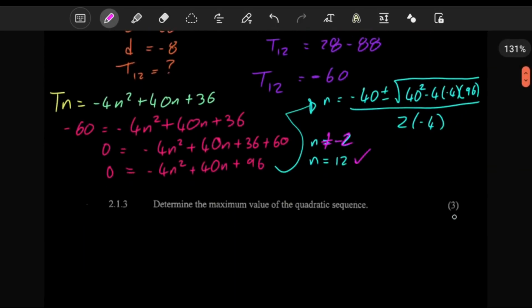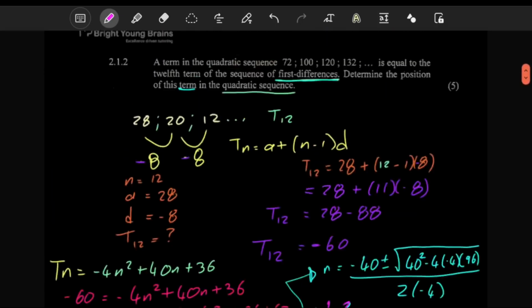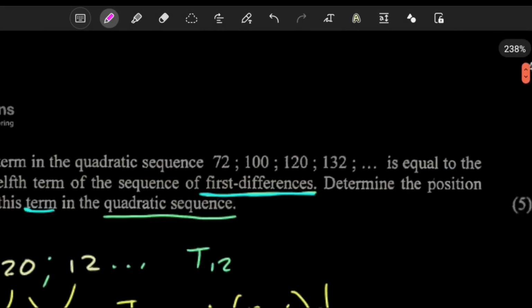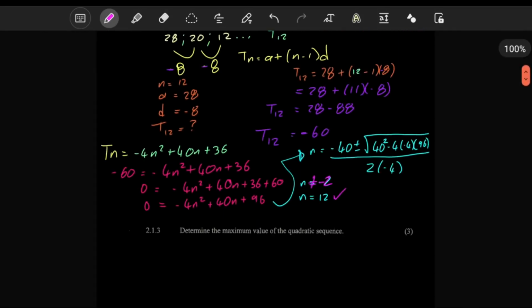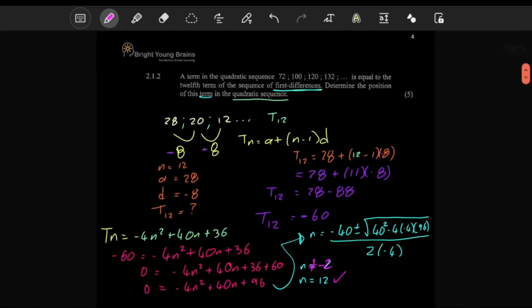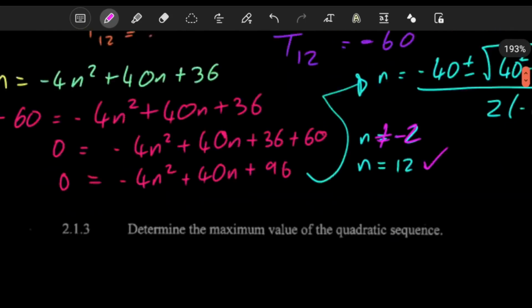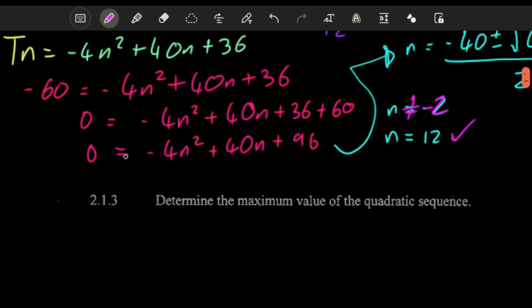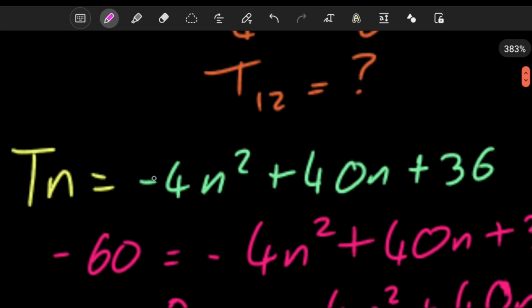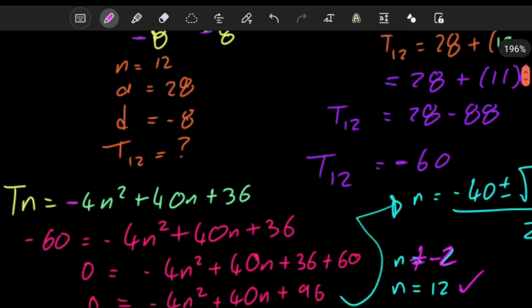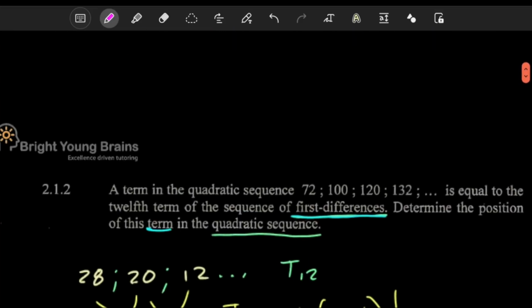Let's just move on to this next one out of 3. They say determine the maximum value of the quadratic sequence. The reason they're asking us to determine the maximum value is what you want to spot: as your sequence is progressing, these values are getting higher and higher, but it's a quadratic sequence. If you look at your equation, it clearly tells you that it's a negative quadratic sequence, so it's a negative parabola that you would draw there.